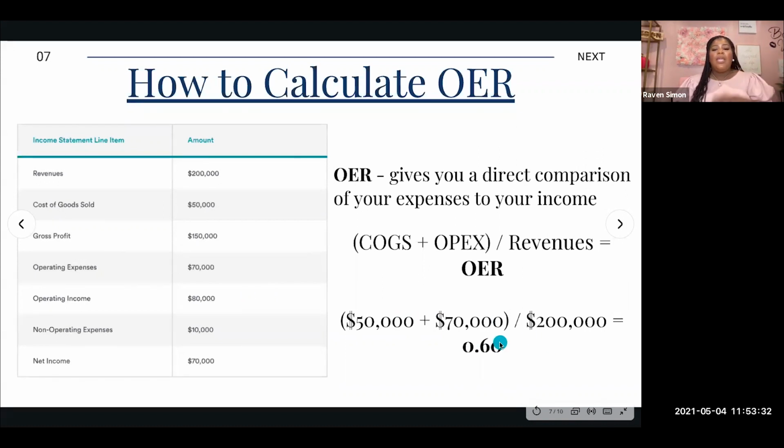On the contrary, if you have an OER of 35 and you put in the new salary and now your OER is 50, you can probably sustain that. You can still take a look and say, let me lower some expenses so I can hire someone and keep it at 35. You can definitely do that. It's a way for you to see how hiring somebody is going to affect your income and your cash flow.